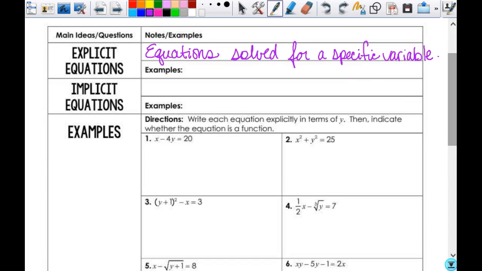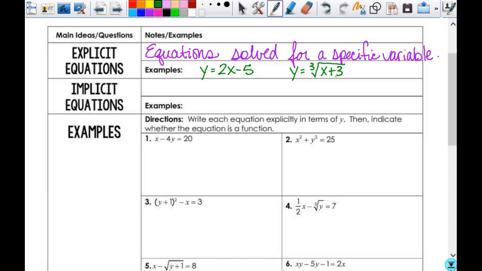It's being stated clearly, it's solved for a variable. Some examples would be y equals 2x minus 5, or y equals the cube root of x plus 3, something like that. I've solved for y. That is an explicit equation because it is solved for a variable. And notice it doesn't say solve for y, but just solve for a variable. In this case, it is y.